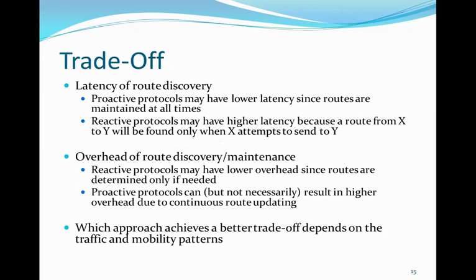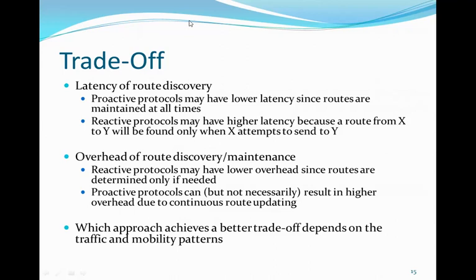As we discussed earlier, there may be some delay in route discovery while nodes are mobile and continuously changing their position. In a proactive protocol, as you know, we already have data saved in the routing tables. Therefore, it has lower latency since routes are maintained at all times.